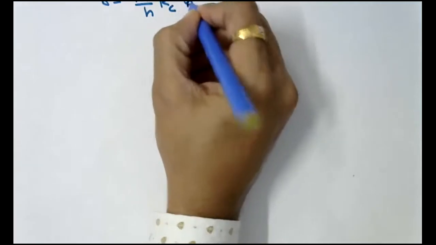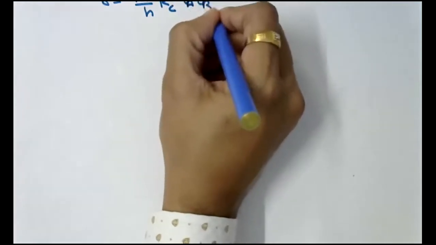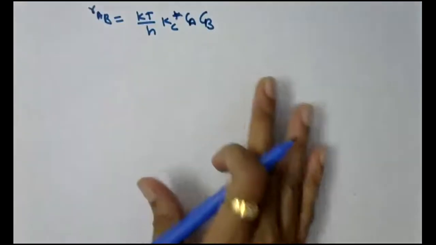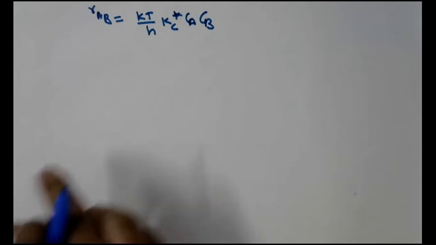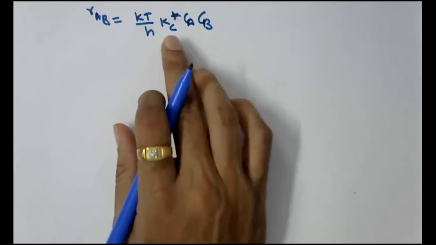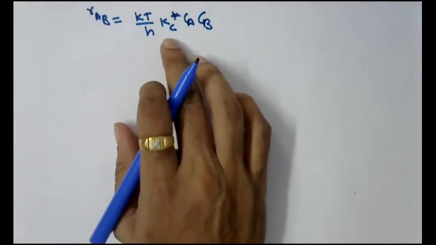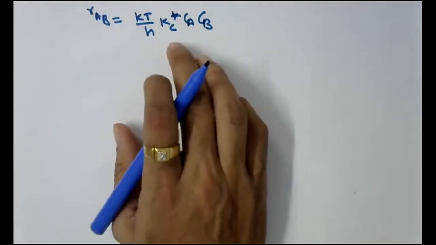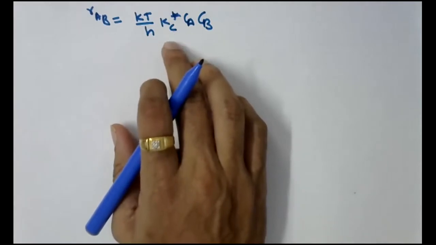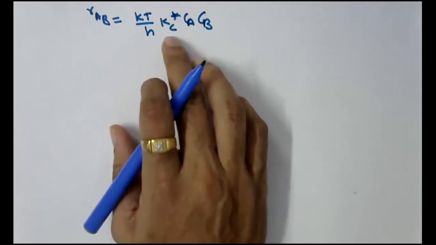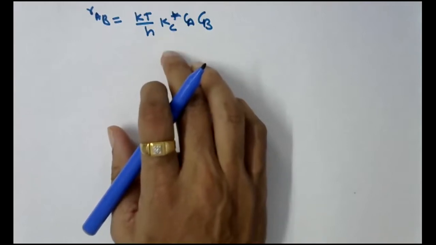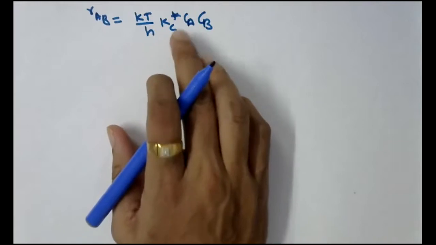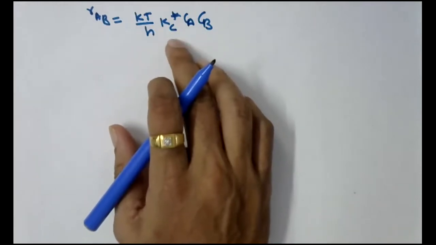Now please remember, whenever we do any derivation, we always try to simplify the intermediate equation, so that the terms which cannot be measured or determined shall be replaced by the terms which can be determined very easily.